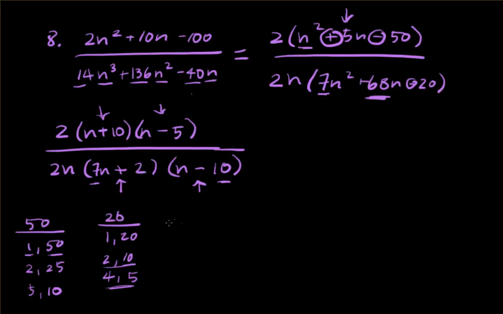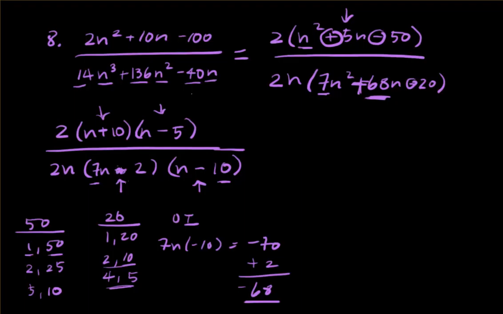And let's go ahead and try the O and the I. So 7n times negative 10 is negative 70. And then plus 2 to that is negative 68. What we see is that we got the number right, but we don't have the sign right. We need a plus. So what do I do with these two signs? I'm just going to switch them.